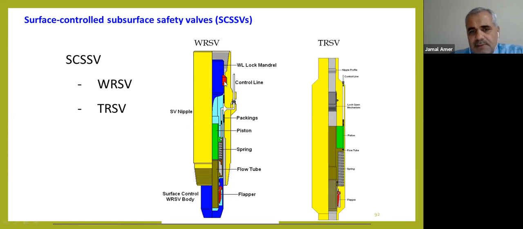We see here this part, this control line, hydraulic pressure. We have here the control line also. We have backing, we have piston, spring and flapper. When this pressure is applied, it will push the spring and keep the flapper open. If the hydraulic line or the hydraulic pressure is lost, this spring will close.